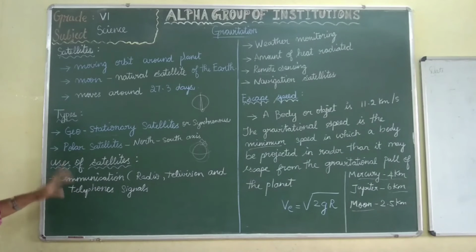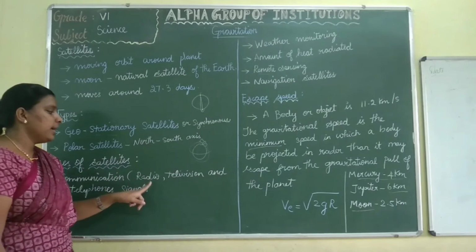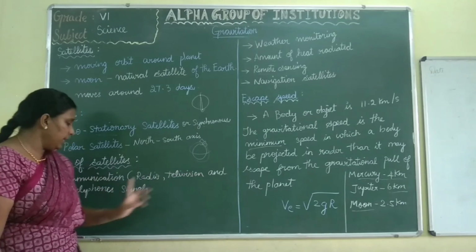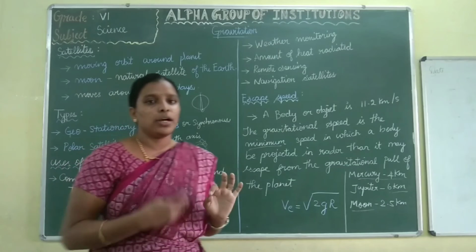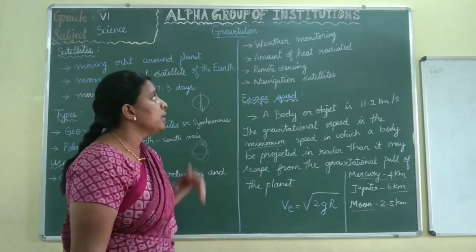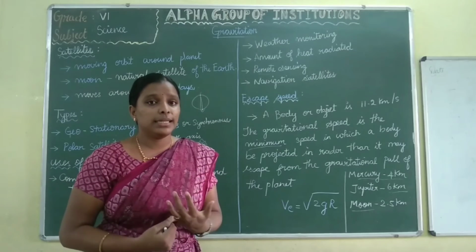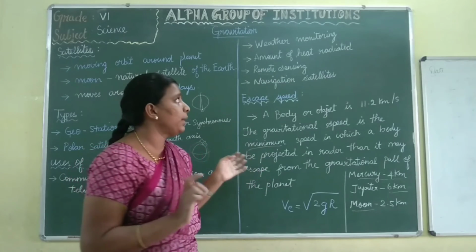Then uses of satellites. The use of satellites is communication between us. What communication is needed? Radio, television and telephone signals. All the signals we need to communicate come under the use of satellites. Then weather: you will know all the details of the weather, whether it is rain or summer, whatever season, everything is told by the satellite.